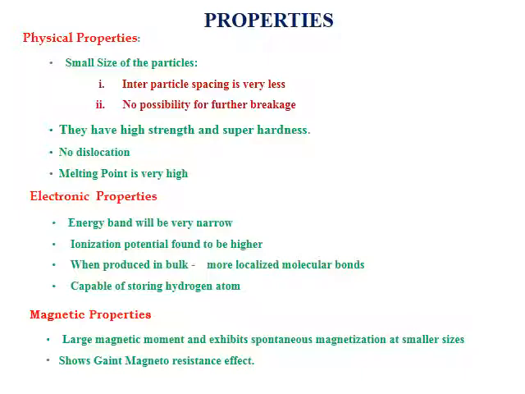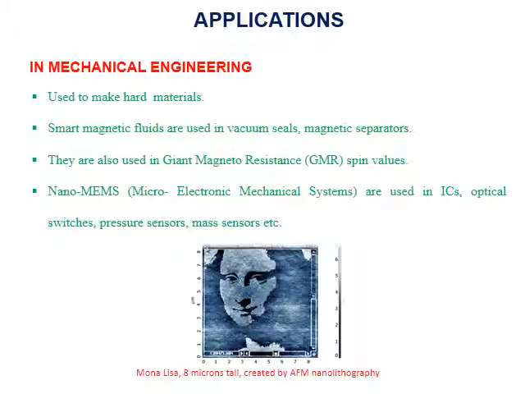These nanomaterials are also capable of storing hydrogen atoms, which makes them a future prospect for fuel requirements. Magnetically, they possess a large magnetic moment and exhibit spontaneous magnetization in smaller sizes, so there is the giant magnetoresistance effect.